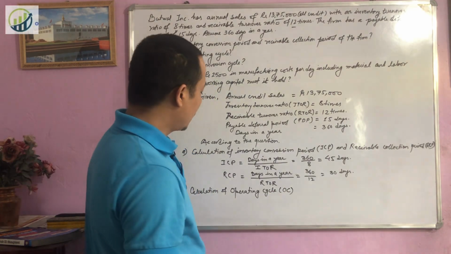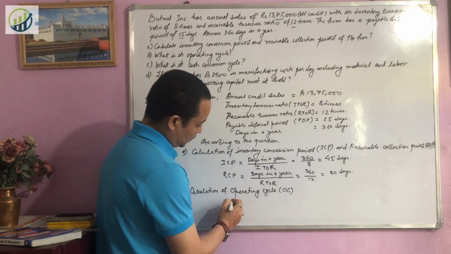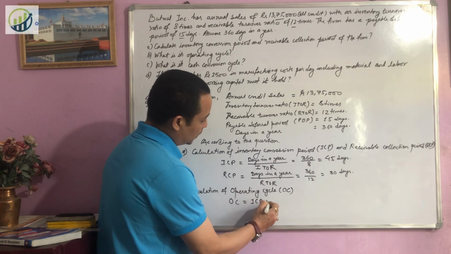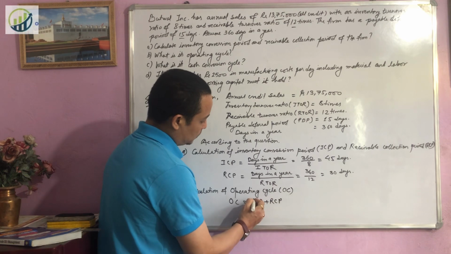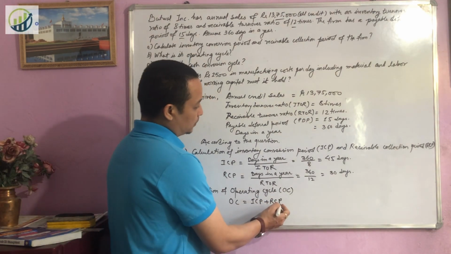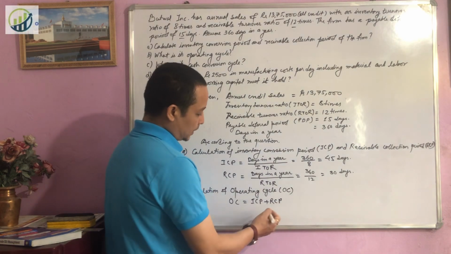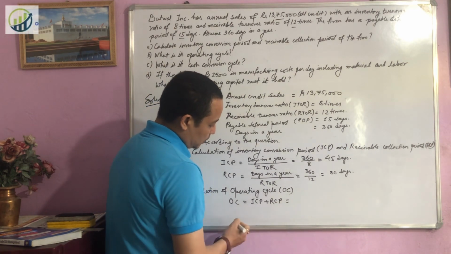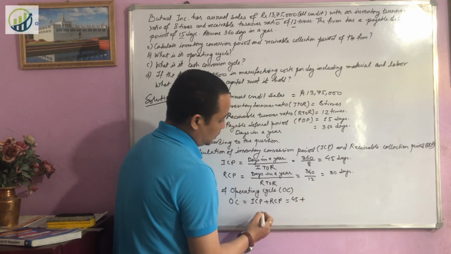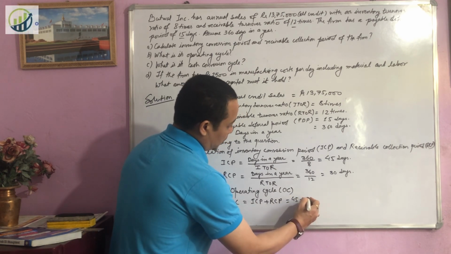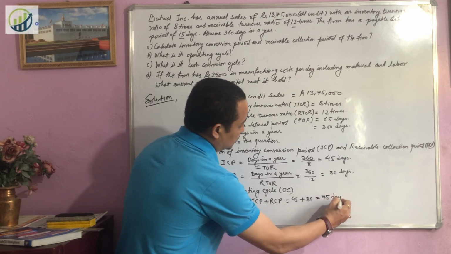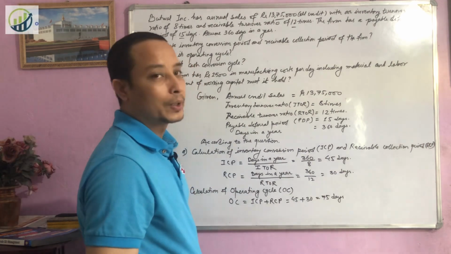For finding the operating cycle, OC equal to inventory conversion period plus receivable conversion period, or you can say receivable collection period, same thing. So inventory conversion period is 45 days plus receivable collection period 30 days, that is 75 days, is your operating cycle.